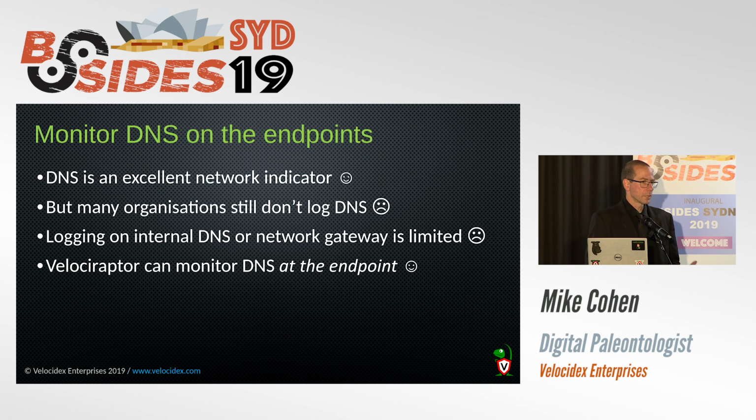You can use DNS logs to look for patterns, for repeating queries, for periodic queries. It's quite useful. You can log DNS on network hubs, but then you won't see any of your endpoints that are not on the network.